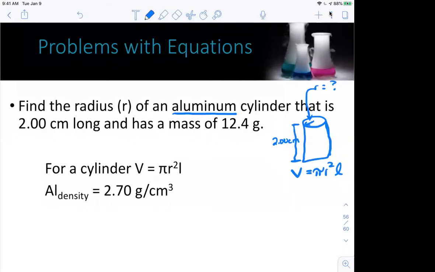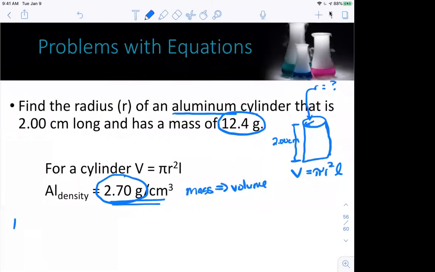I know the volume of this cylinder is pi r squared times the length. I also know that I have a density which relates mass to volume. So all I have to do is figure out the volume of the aluminum. How can I do that? I have a mass of an aluminum. I have a density of an aluminum.